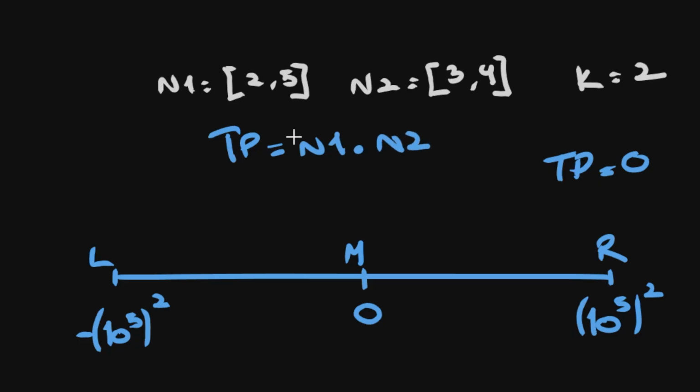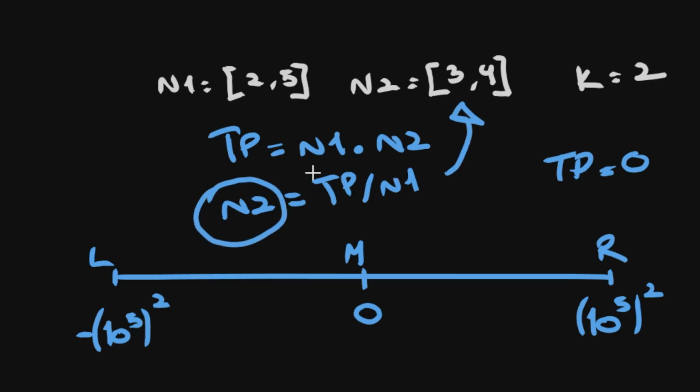To get the optimal n2 for this target product, we will need to do TP divided by n1. So we can run a binary search here with this value to get the amount of products that are smaller or equal to this target product.